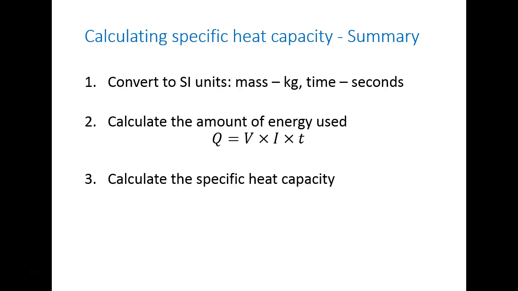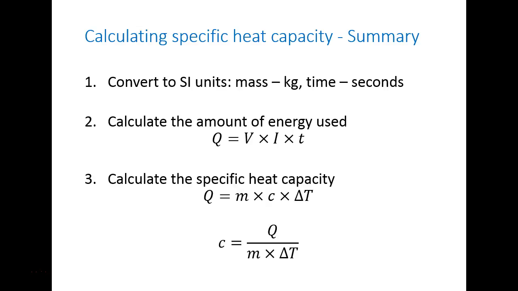To calculate the specific heat capacity, we're going to use the equation Q equal to M multiplied by C multiplied by delta T. M is the mass, C is specific heat capacity, and delta T is the change in temperature.